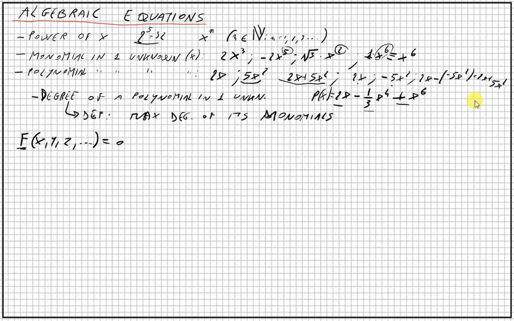So if I now limit my scope to a slightly more interesting equation when we talk about seeking solutions, I will consider f of one variable only equals 0. So what's the difference here? In the previous case, I didn't know how many variables I would have, how many unknowns.